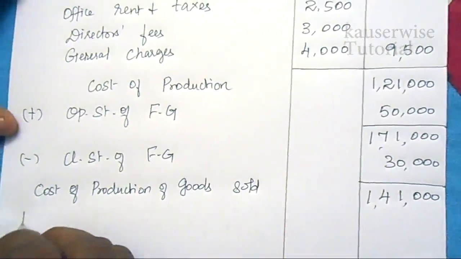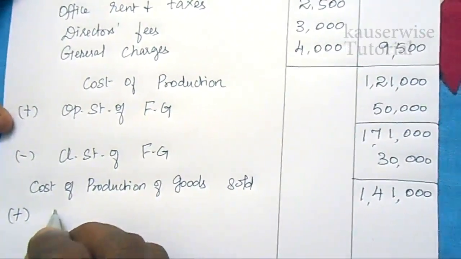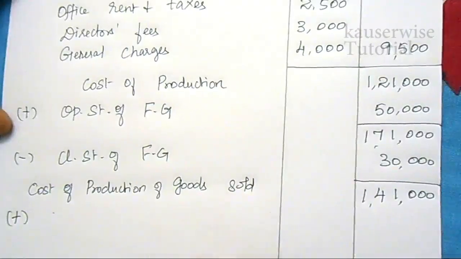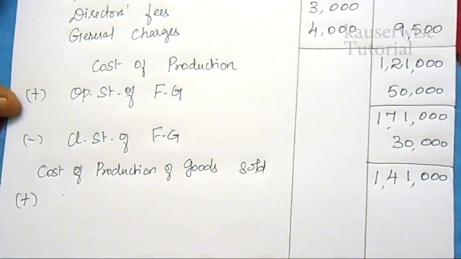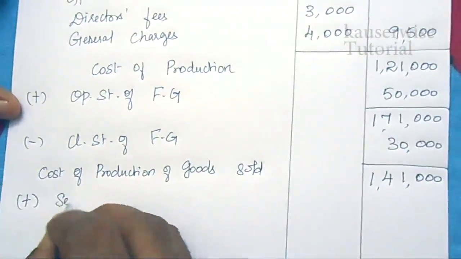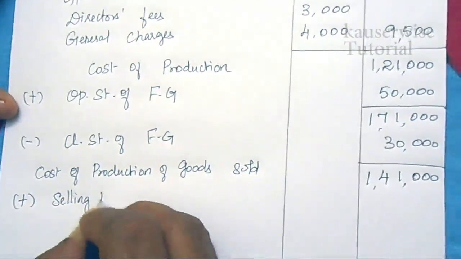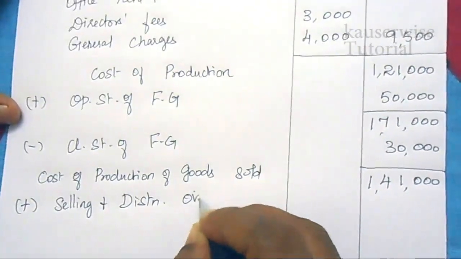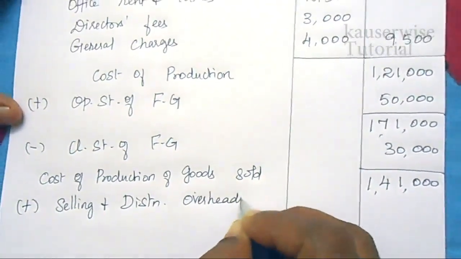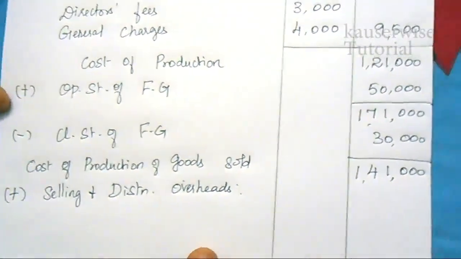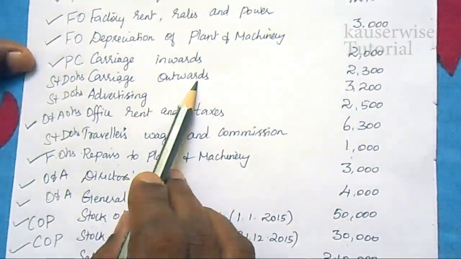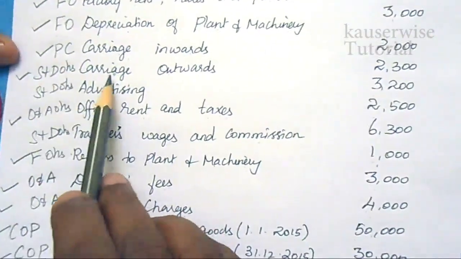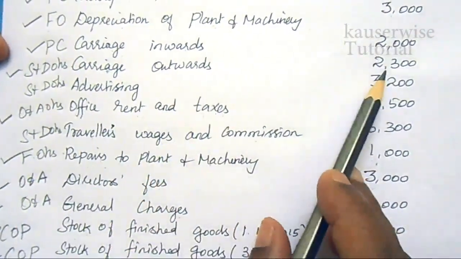Finally, we need to add selling and distribution overheads along with cost of production of goods sold. Then you will be getting cost of sales. Okay, look at the problem. Carriage outwards comes under selling and distribution overheads, 2,300.